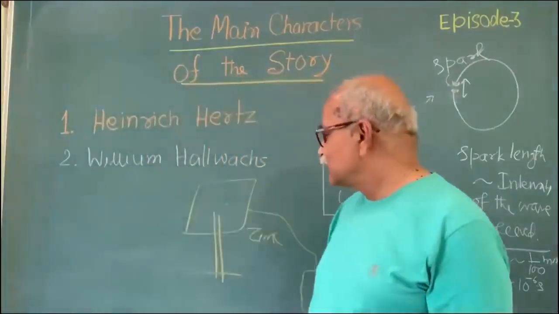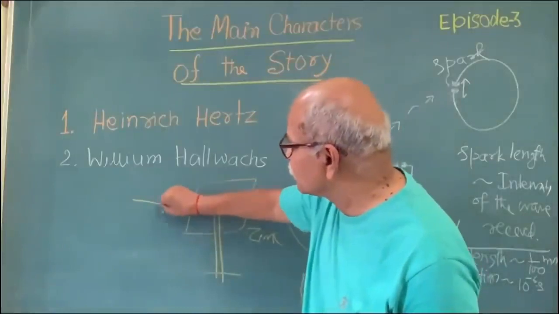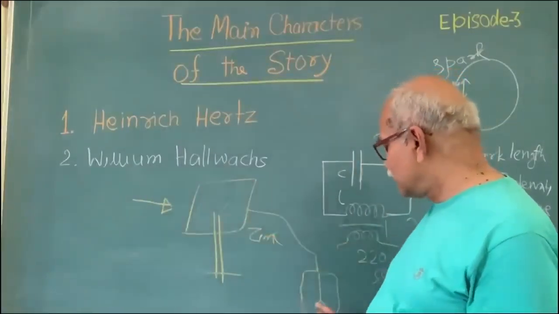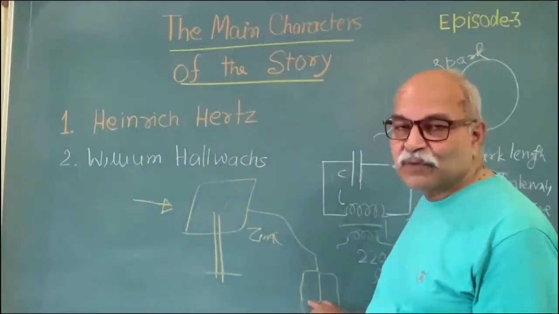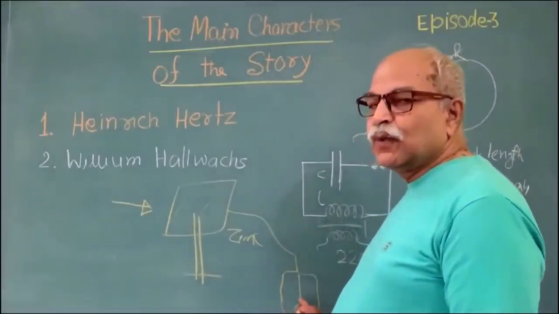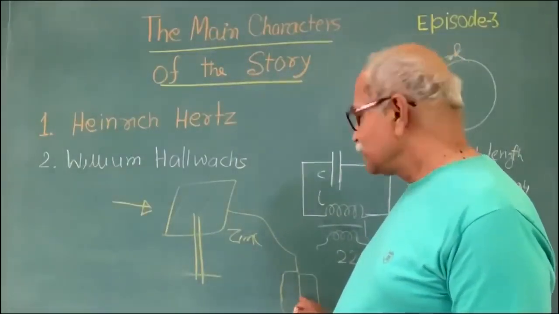Then when this UV light is thrown on the plate, he sees what happens to this electroscope. The first part is that he charges the electroscope with negative electricity or positive electricity.